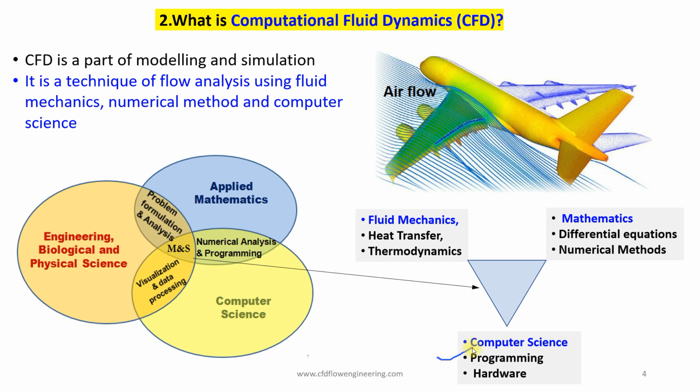We need a programmable device which can compute a set of large equations using matrix methods. And to run this program, we need hardware. Hence, CFD comprises three important pillars.